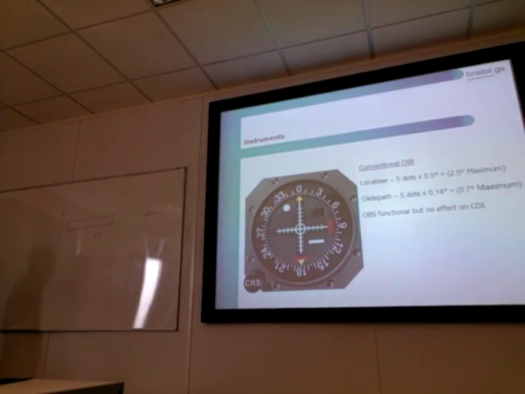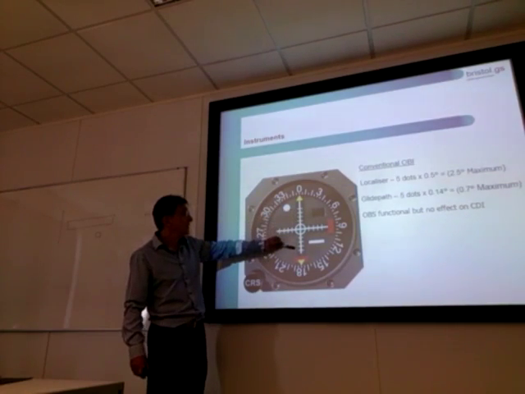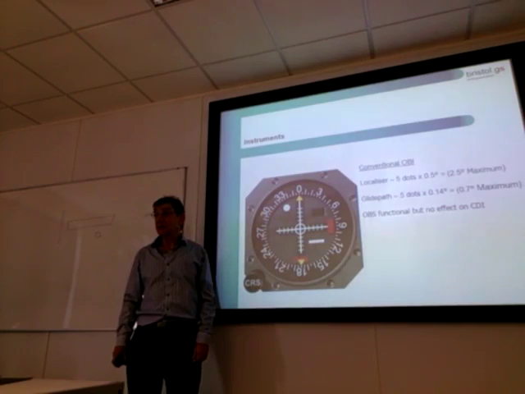Now, when they first came out, your ILS was presented to you on an instrument like this. Generally known as a zero reader, I believe, because you've got a zero in the middle, and you've got something to give you vertical information, and something to give you lateral information, and that's what you had.